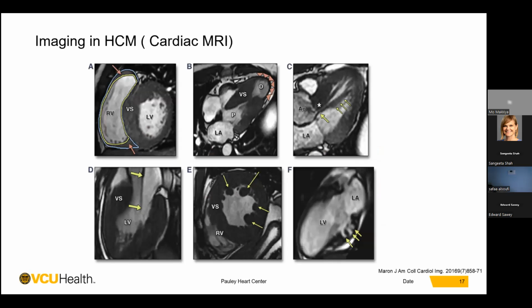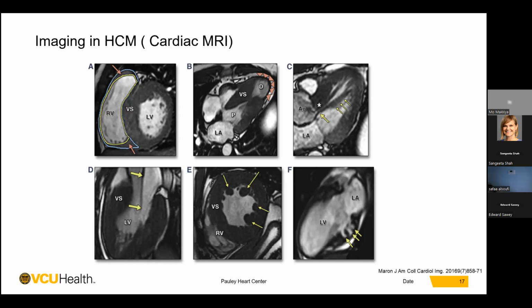So with the introduction of cardiac MRI, it really helped us to enhance our diagnosis and management of hypertrophic cardiomyopathy. For example, it led to a better assessment of the left ventricular dimensions than echo. It enhanced the risk stratification for sudden cardiac death with the introduction of gadolinium contrast and calculation of scar burden.